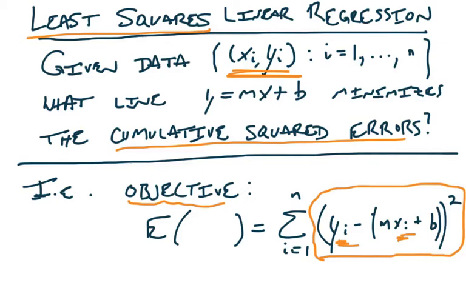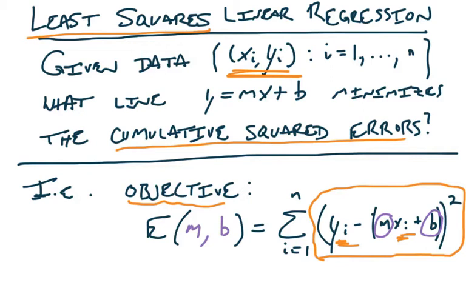These are numbers that are just handed to you. And the only things that are actually changing in this problem, the things that we have to figure out, are the slope and the y-intercept of our line.